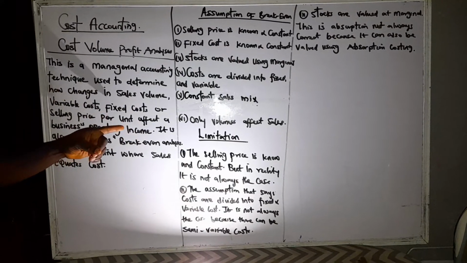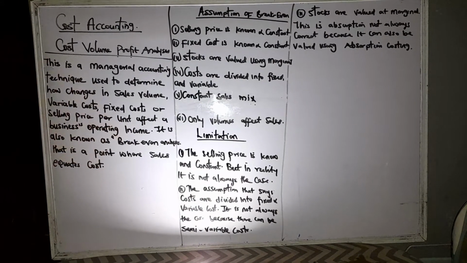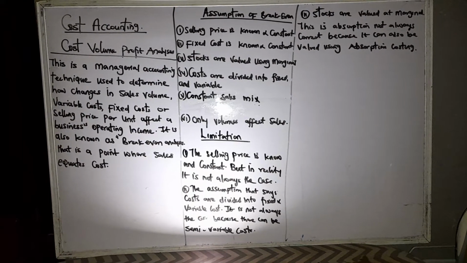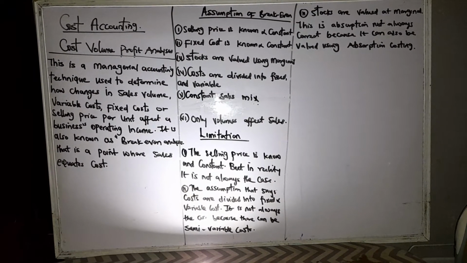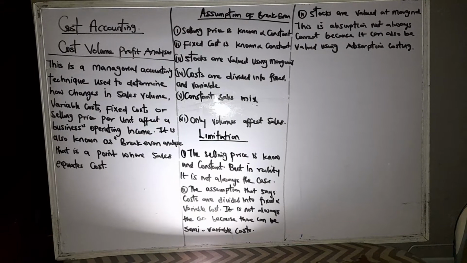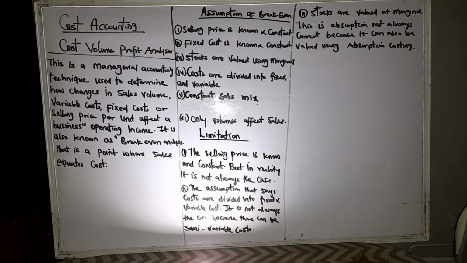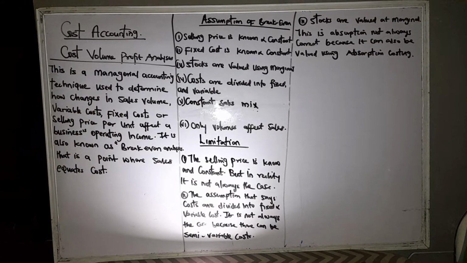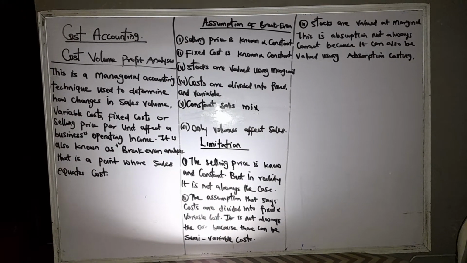This definition is very key. It's a technique used to determine how changes in the sales volumes or activity levels or variable costs, fixed cost, or selling price per unit affect a business operating income.